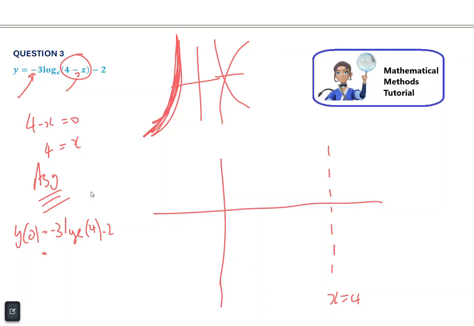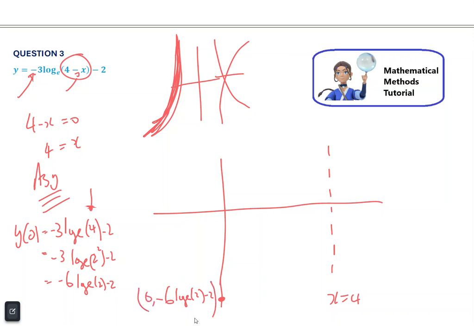The examiners like you to simplify. Whenever you've got a perfect square in here, change this to negative 3 log base e of 2 squared minus 2. Then the 2 can come down: negative 6 log base e of 2 minus 2. So I'm going to put this as being negative 6 log base e of 2 minus 2.